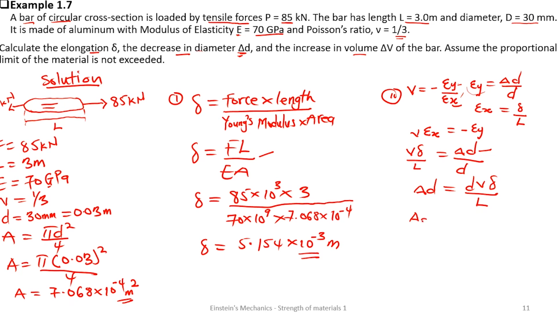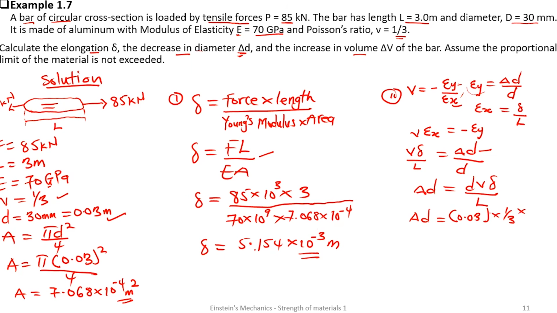So the change in D is equal to, what's D? Diameter. From here, we saw that the diameter was 0.03. What's V, Poisson's ratio? 1 over 3. Yes, we have Poisson's ratio to be 1 over 3. So I can bring it 1 on 3, and I have the elongation.